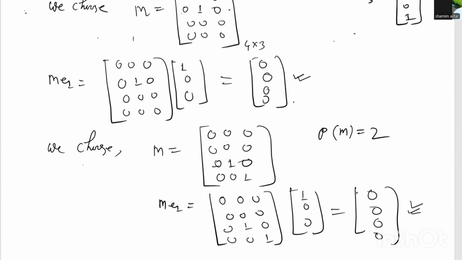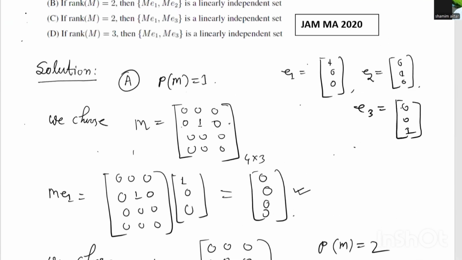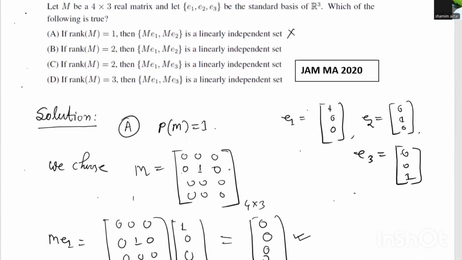Again this is a zero vector, so similarly we can say that this is not linearly independent, because every linearly independent set does not contain a zero element. So this is also false.